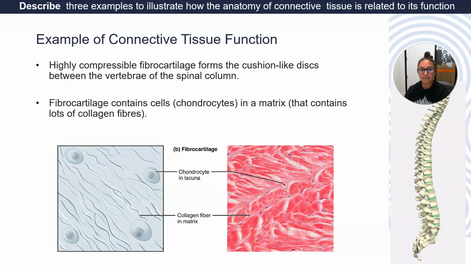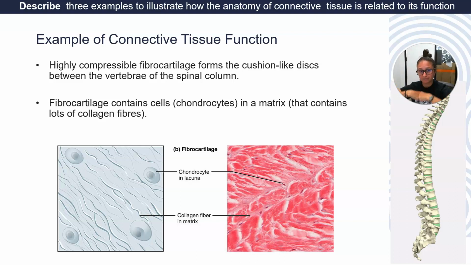Let's look at another type of connective tissue. This is called fibrocartilage. Where do we have that? In between our vertebrae in our spine. It's supposed to make sure that our vertebrae don't grind against each other because that would kind of hurt, A, and B, that will damage your bone tissue.